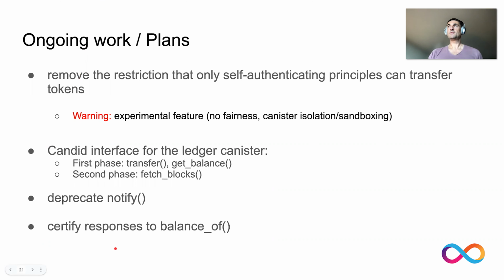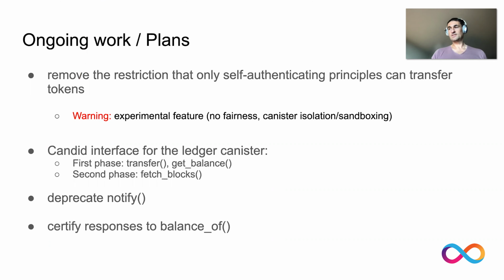So finally, the way we implement it right now, balances are not certified, right? We only certify the transaction ledger. So if I query a replica for a balance, then there's no guarantee that I get the correct one.